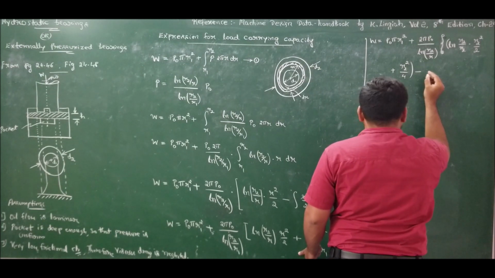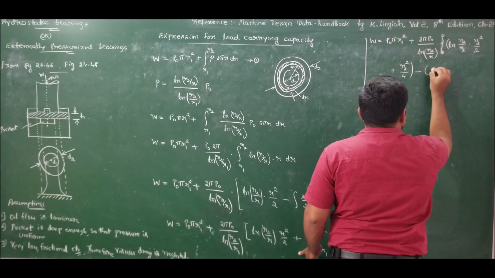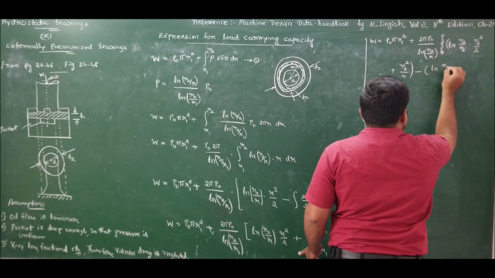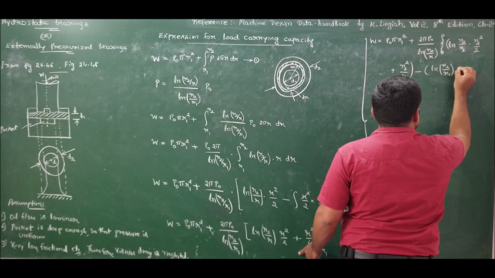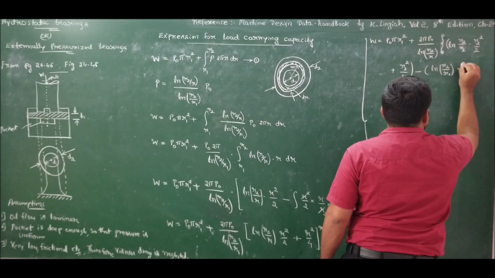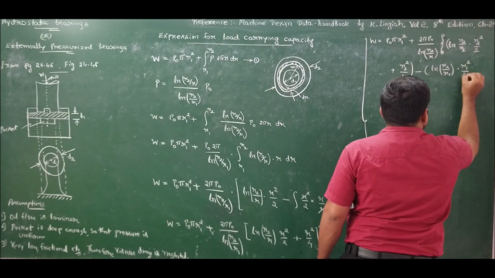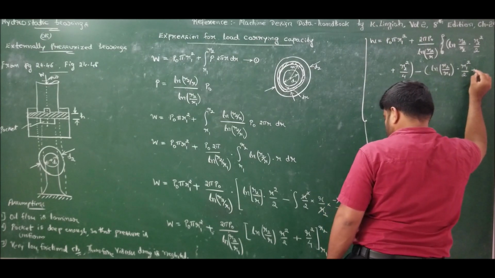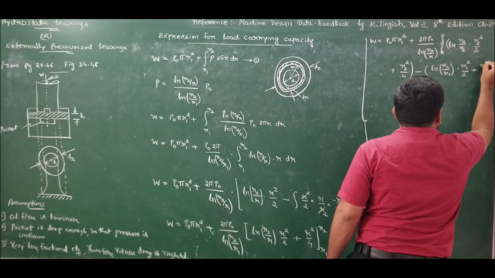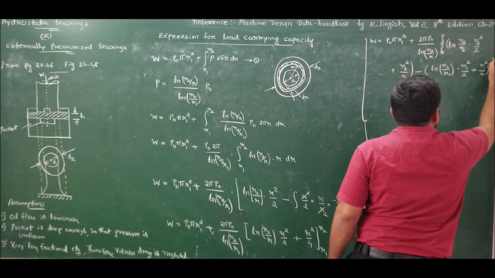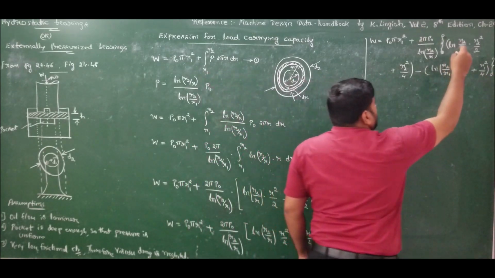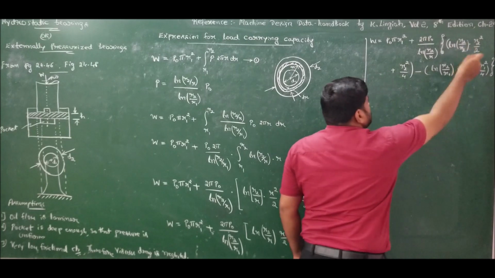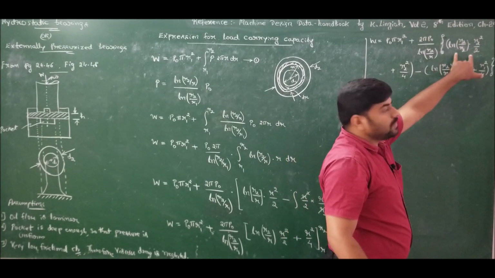Lower limit is R1, so therefore I will get ln of R2 by R1 into R1 square by 2 plus R1 square by 4. Correct? Now R2 by R2 is 1, log 1 is 0, 0 into anything is 0. So this term will become 0.